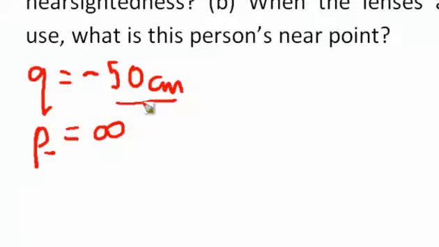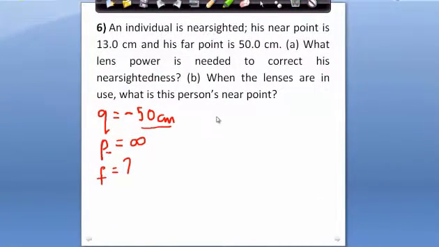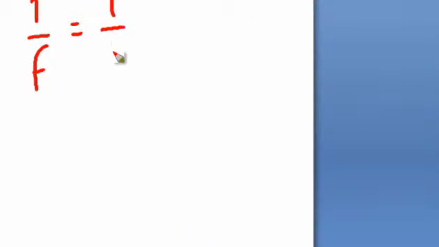Using this we find the focal length that is needed. Using our lens equation, 1 over f is equal to 1 over p plus 1 over q.